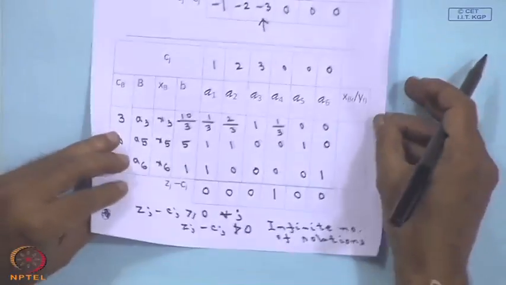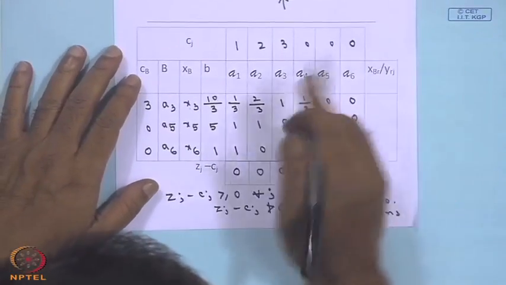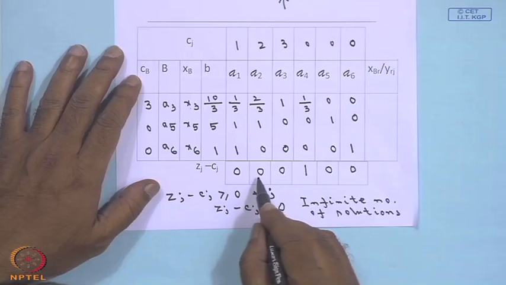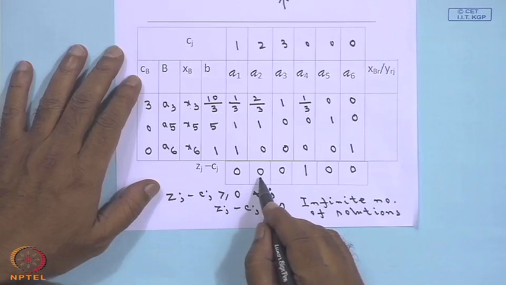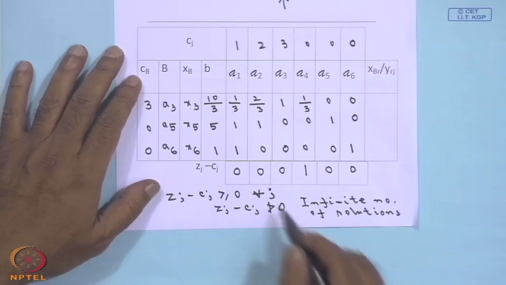From the last optimum table, if you observe one point, the values of Zj minus Cj are 0 for the non-basic vectors A1 and A2.